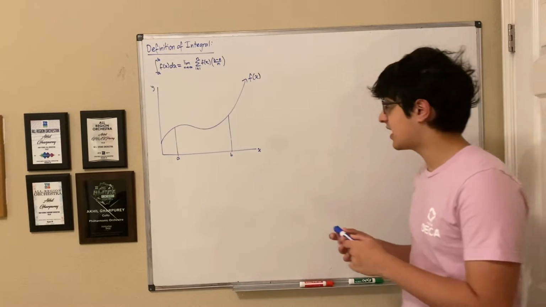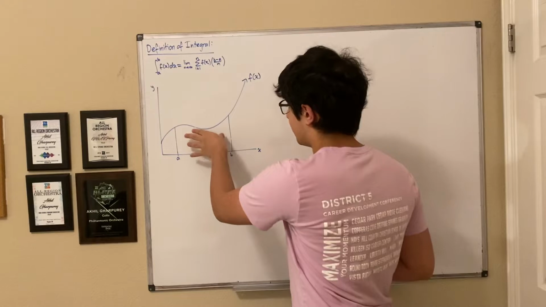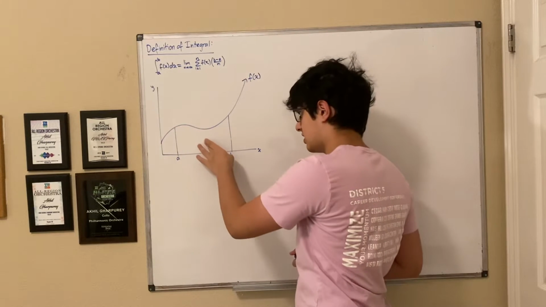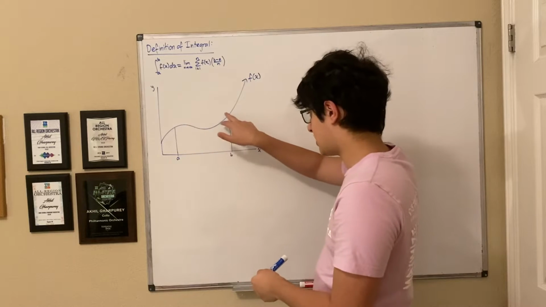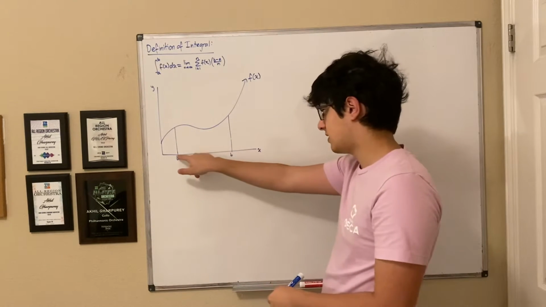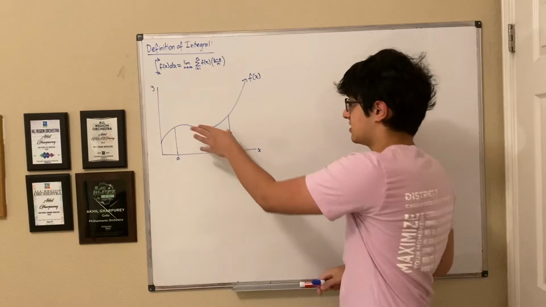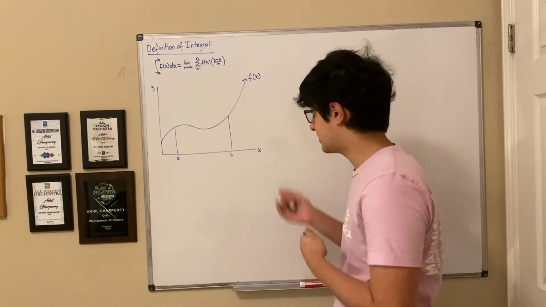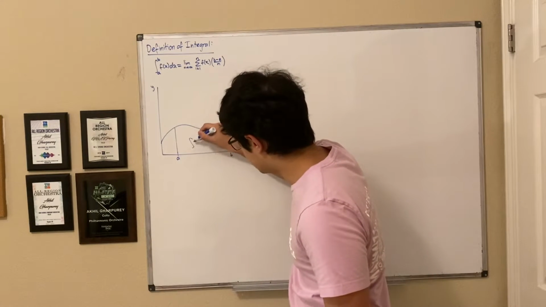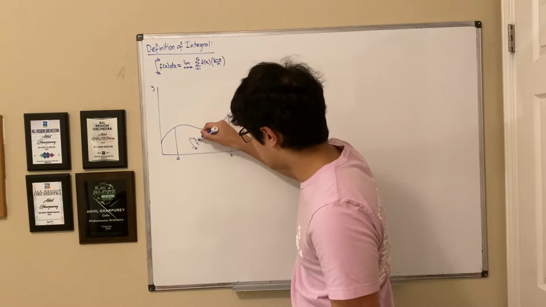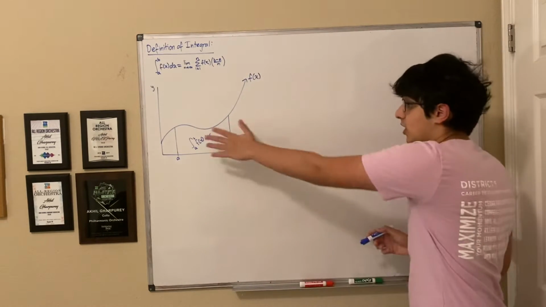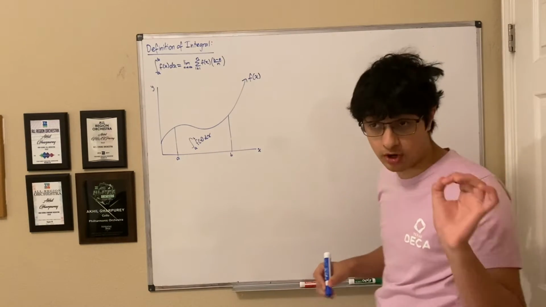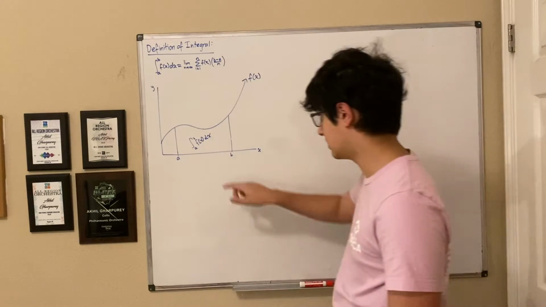Well, we can find the area that's bounded between this curve, a and b, and the x-axis. This area is the integral from a to b of f of x dx. That's what the word definition of an integral is.